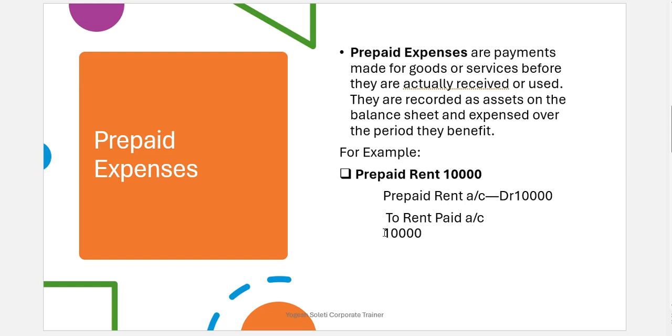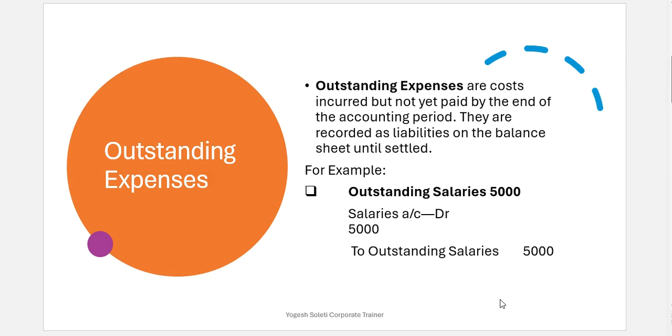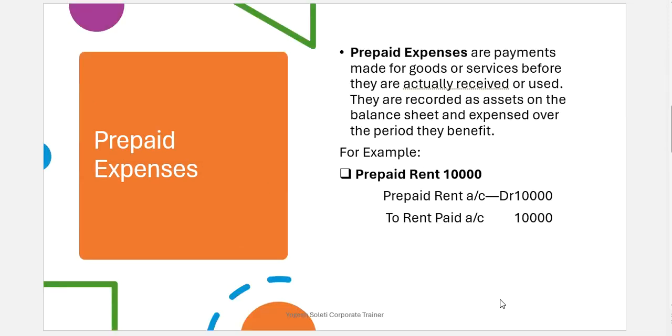Is that clear? So outstanding salary is a liability and prepaid is a current asset, because we need not pay for the particular month as it has already been paid.